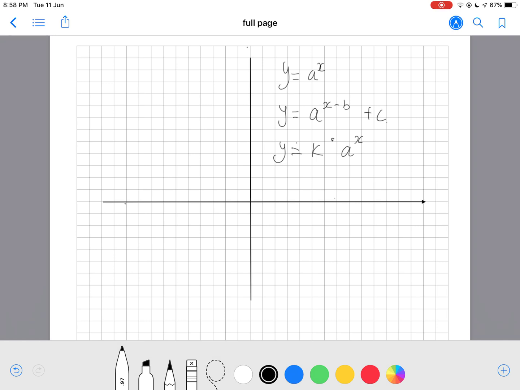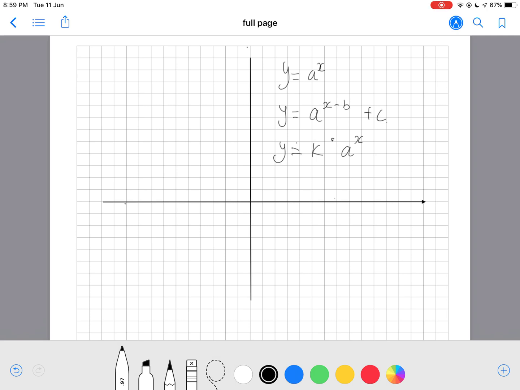So how do we work out the equation for the exponential? The first thing you have to find is the asymptote. Looking at your exam paper, you'll see what the exponential gets closer and closer to but never actually reaches. So what is the asymptote of the graph?